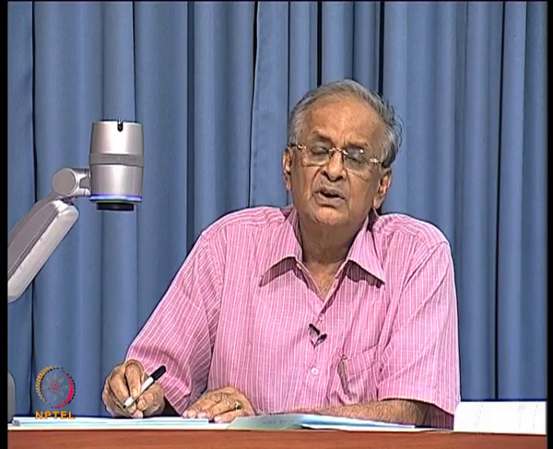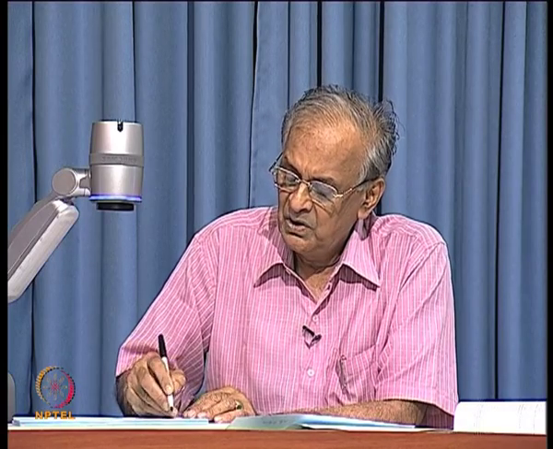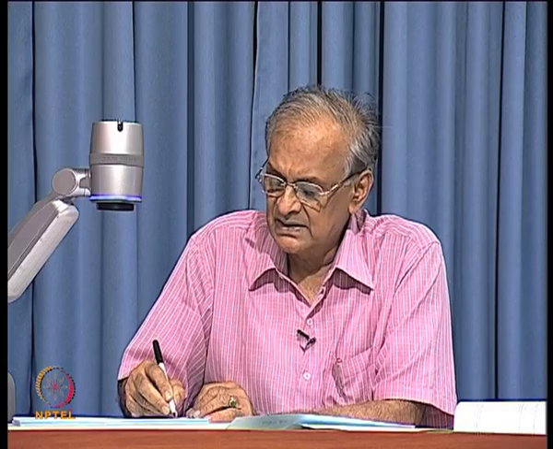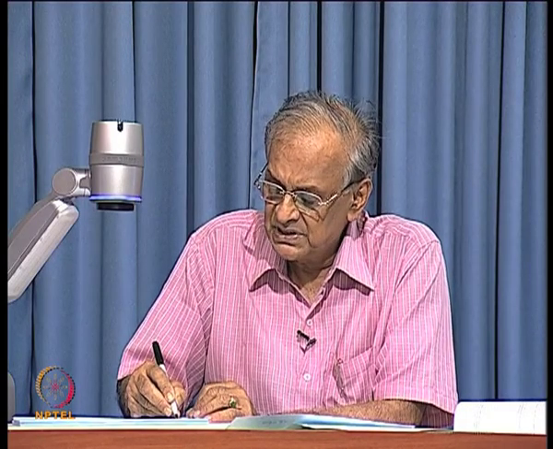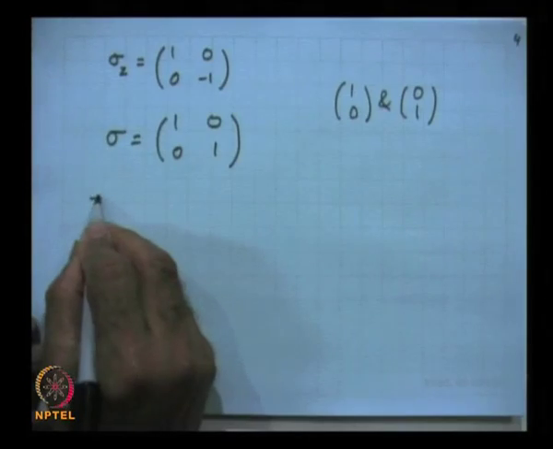Now, we will discuss the operator algebra associated with the components of the angular momentum operator. As we had mentioned in my last lecture, we will use the classical definition of the angular momentum.